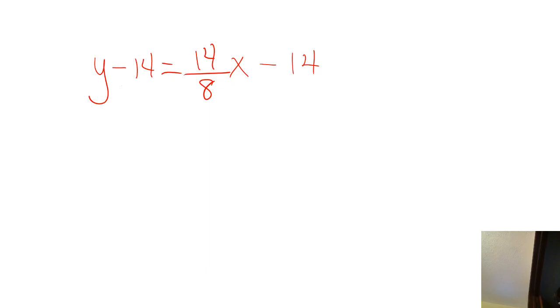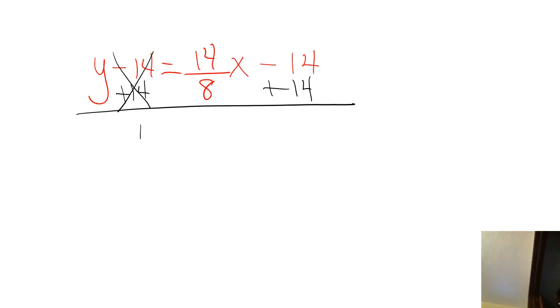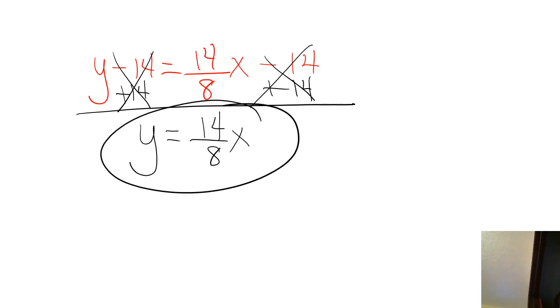So I'm going to isolate it by getting rid of that negative 14 with a positive 14. Those cancel, and this gives me y is equal to 14 over 8 times the x, and those cancel. So I could put down plus 0, but for equation's sake, we typically leave it like that.